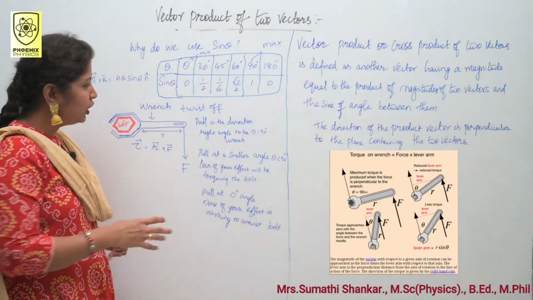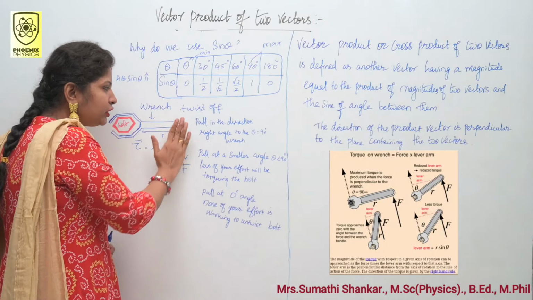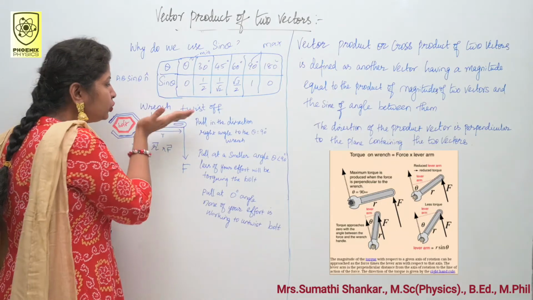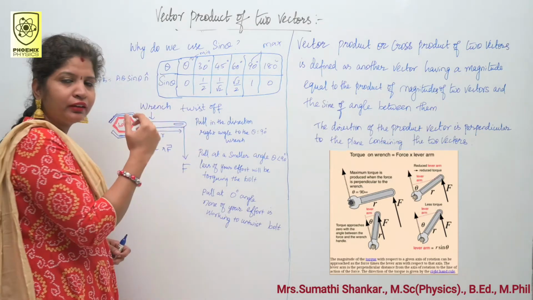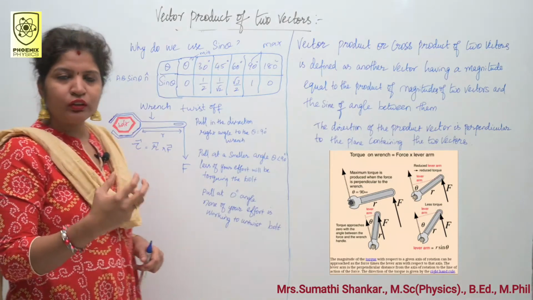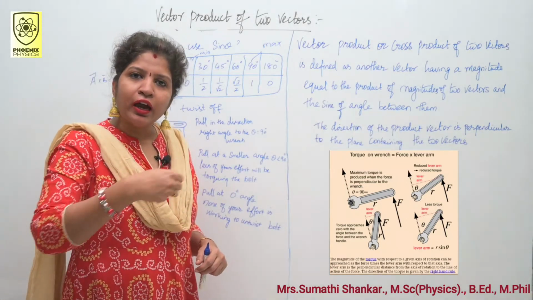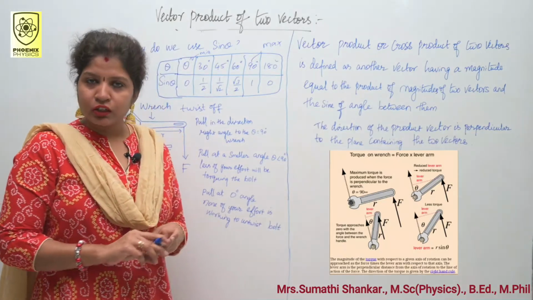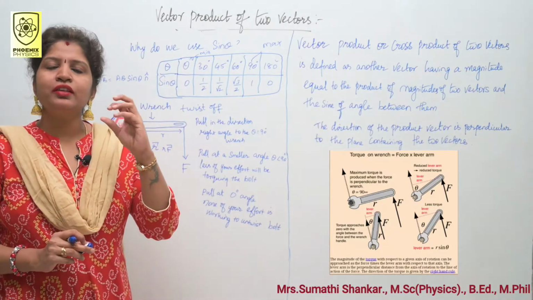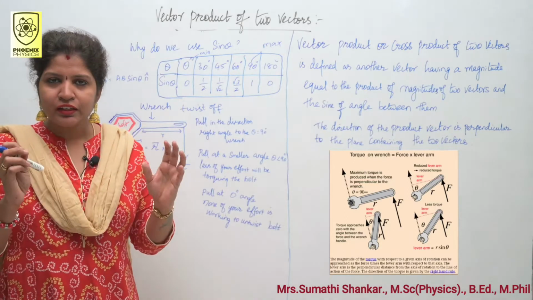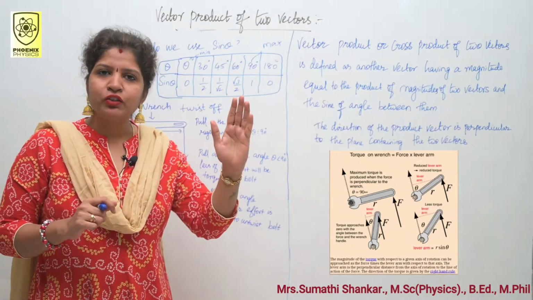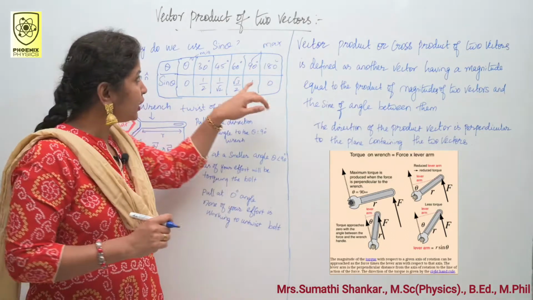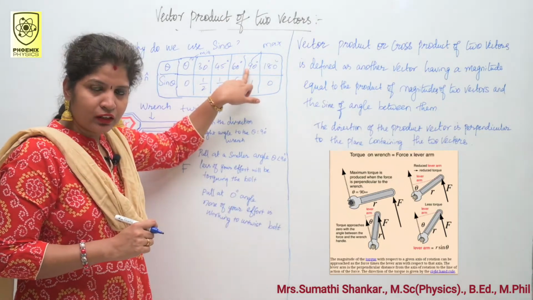What is the meaning? If you apply the force perpendicular to the wrench, you get the maximum value, that is you can easily untwist the bolt. That is why we are using the sin theta component. In general, we can say sin theta has the maximum value when theta is equal to 90 degrees.